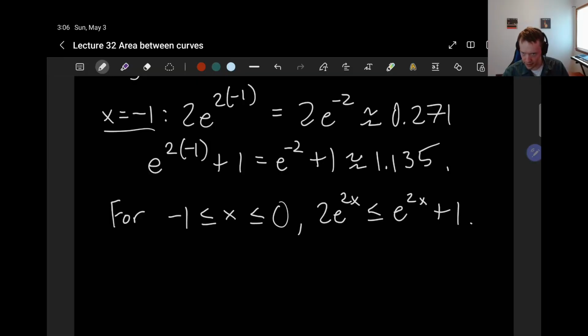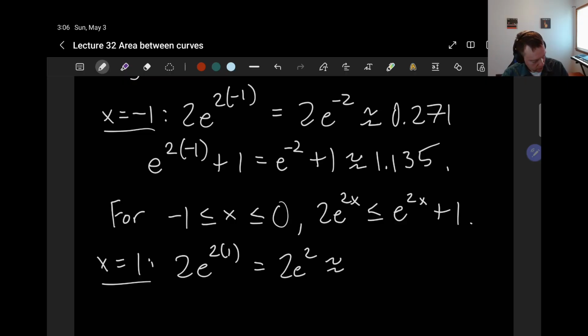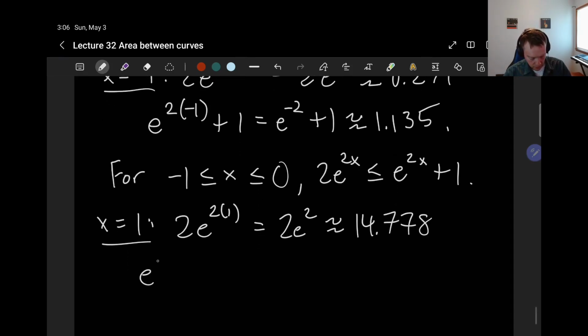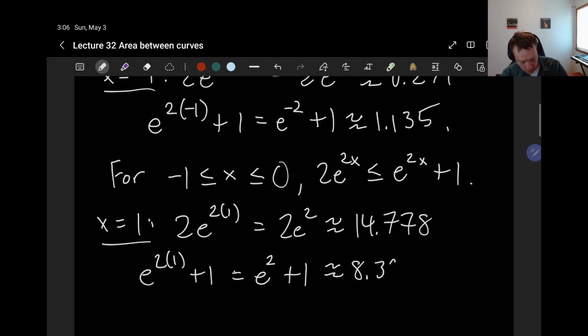Well, now let's look at the other side. Between 0 and 4, that's our next integral. 1 would be a good number to plug in. So 2e^(2x), that is 2e squared, get about 14.778. And then e^(2x) plus 1, that is e squared plus 1, well, we get about 8.389.